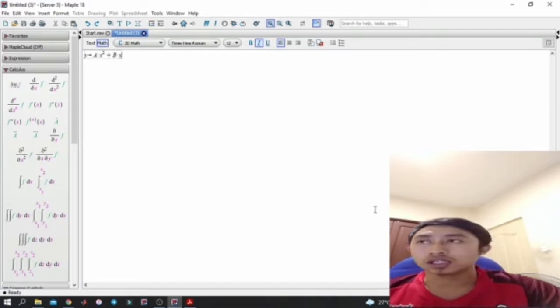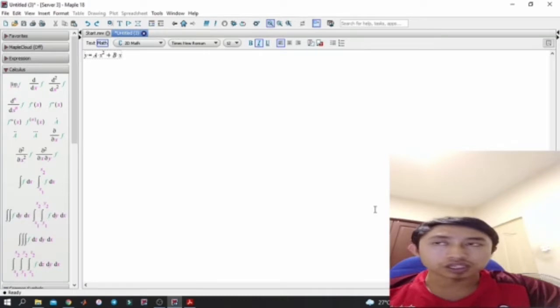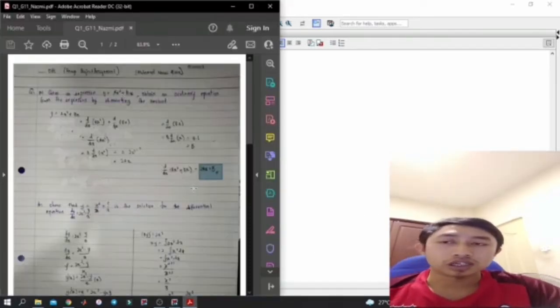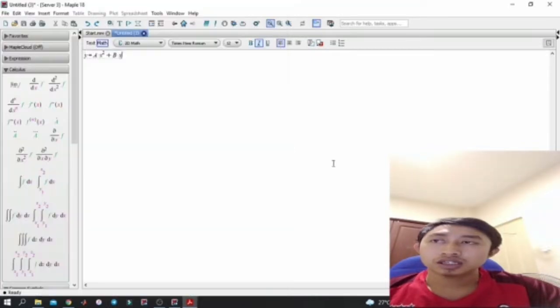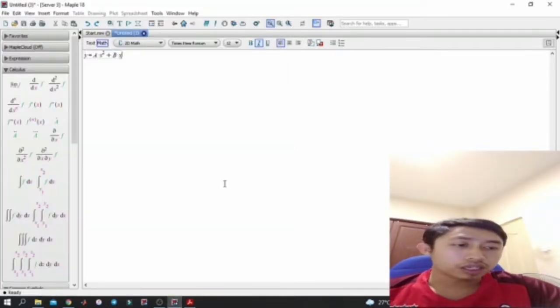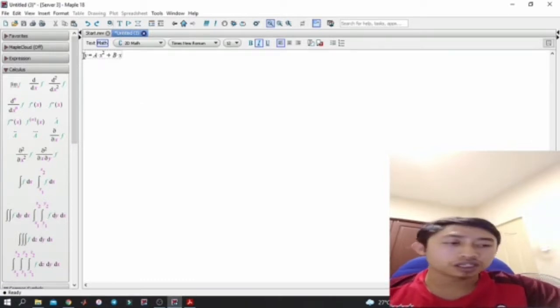So, as we can see on the screen, I am using Maple software to prove the answer in the manual calculation. This is our manual calculation. To prove the answer in the software, we arrange the equation and type it again in the software.